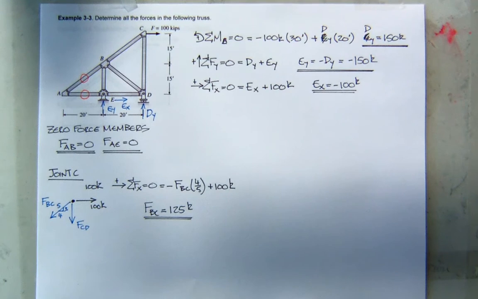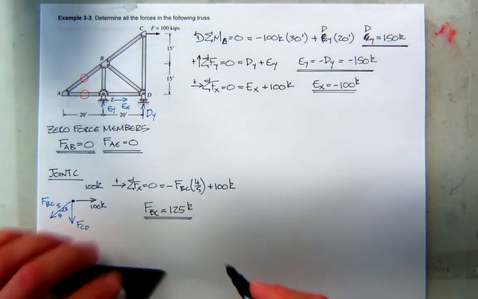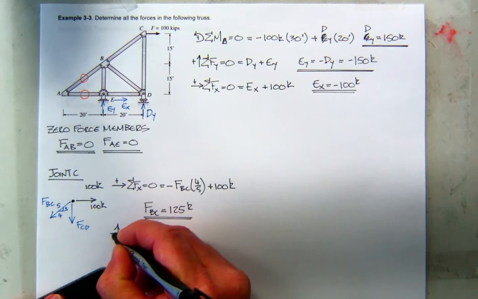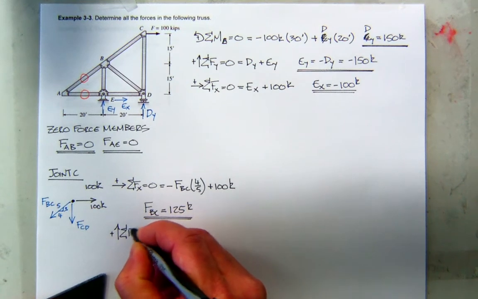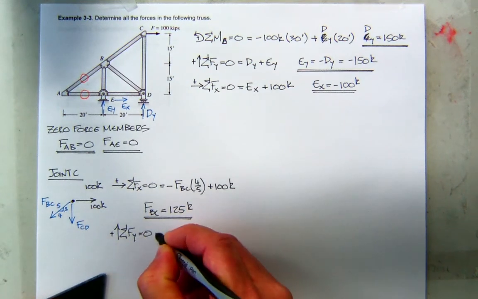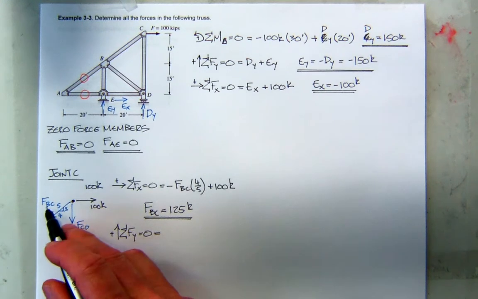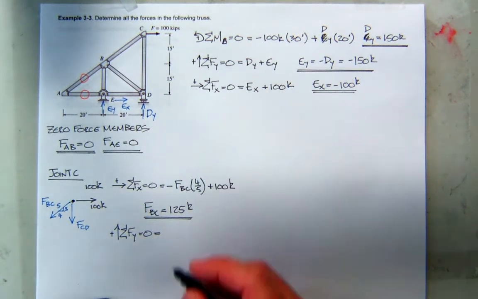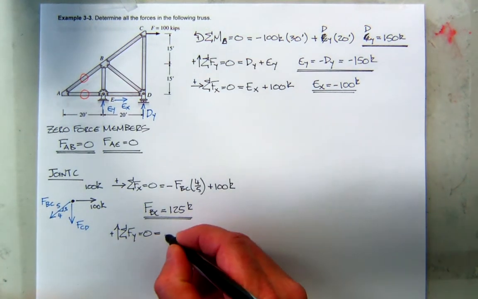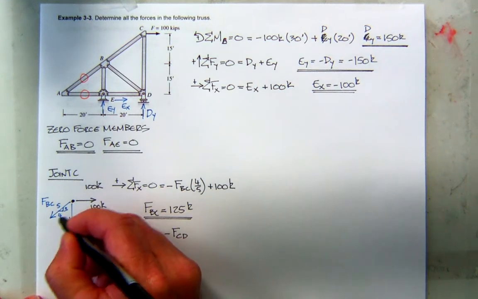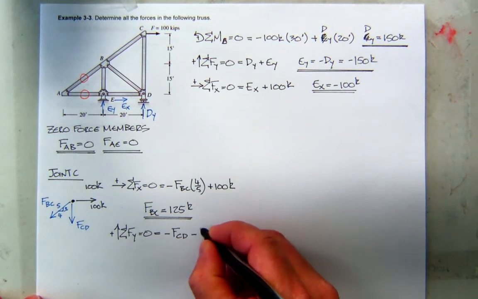So that feels good. So now that I have that, I can go back and sum forces in the y direction. And what do we get? Well, I've got CD acting down, and I've got BC acting down, so they're both going to be negative. So I'll start with that. So I've got minus the force in CD, and then the y component of BC, which is 3/5.